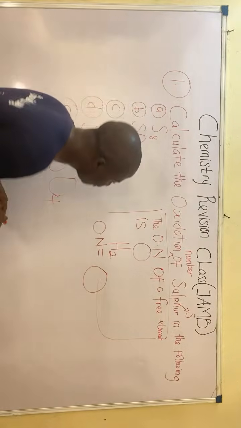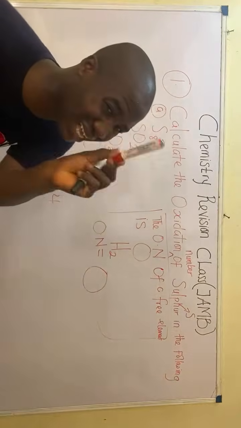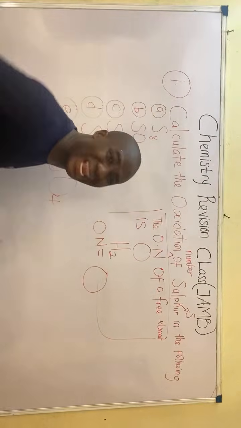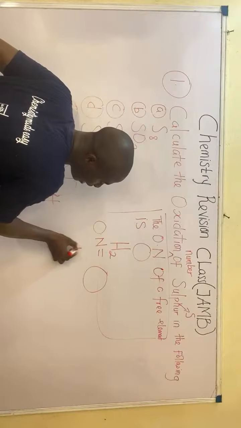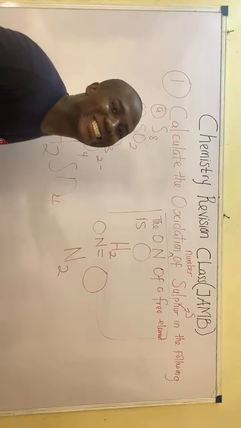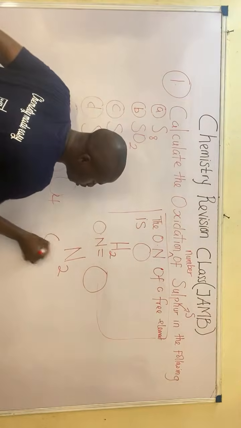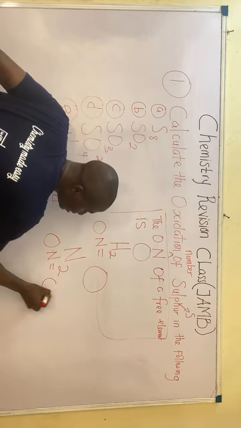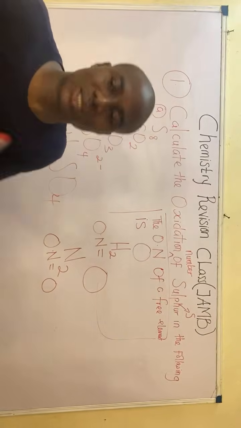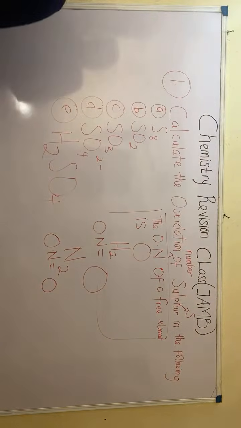I'm explaining every single question here, and I'll be using this to solve question A. Let's say we have another element like N2, nitrogen 2. Nitrogen is diatomic, containing 2 atoms. So the oxidation number of nitrogen here is going to be 0 as well, because the oxidation number of a free element should be 0.